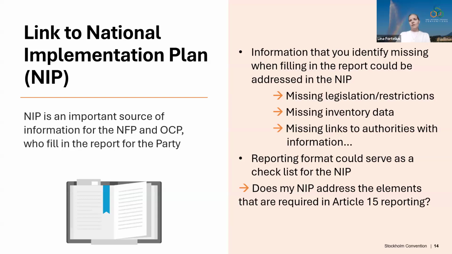And filling in the reporting format is also a great way to get in touch with other authorities and experts in the country. On the other hand, the reporting format and the process of filling in the report can be used as a checklist to identify missing or incomplete elements in the NIP and national implementation. So when something that is needed in the reporting is not available in your country, you can include that in the next NIP update as an action item.